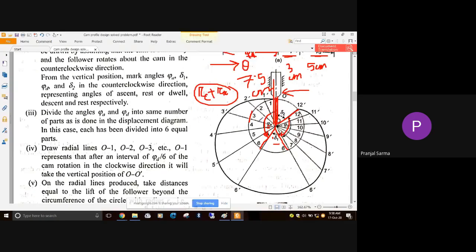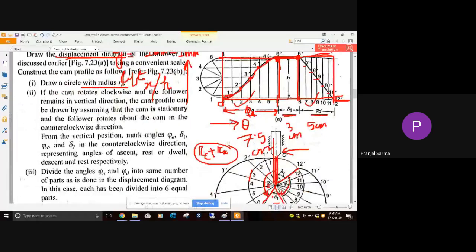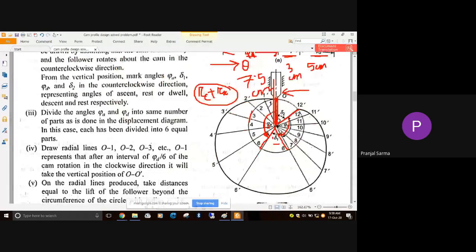It is done. Next, whatever number of divisions you have made in the displacement diagram in the ascent stroke as well as the descent stroke, the same number of divisions you will make in this circle also. So this is 150 degrees, so you make 6 equal space divisions. These are regular divisions. You mark the points on the circumference, in the periphery, and join lines.